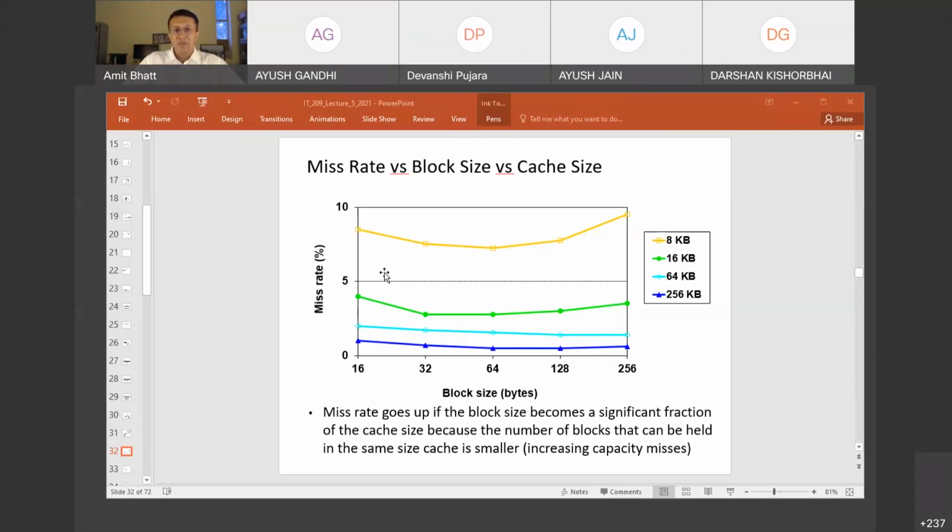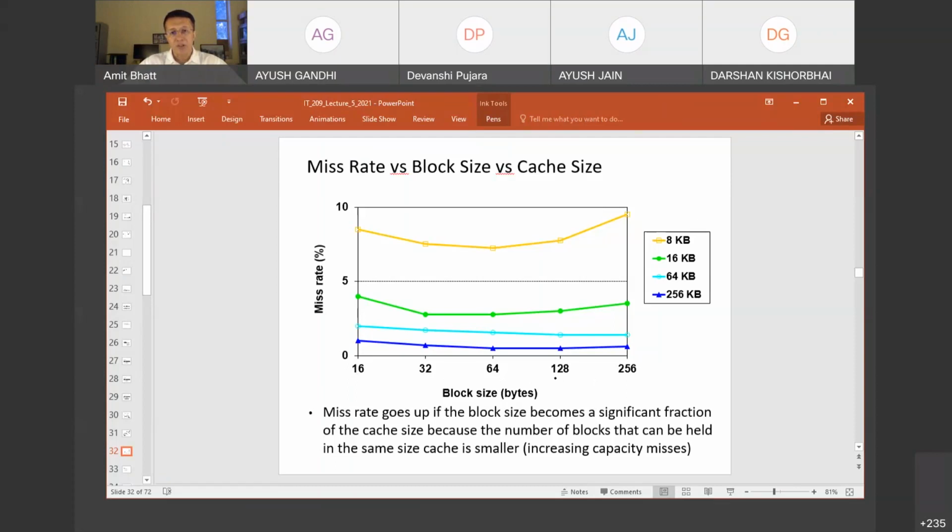So let us say in our first case, we started off with a small cache of just 8 KB. Okay. And then I say that my block size is 16 bytes. So basically you start with 4 words and then 8 words, 16 words, 32 words, and 64 words.